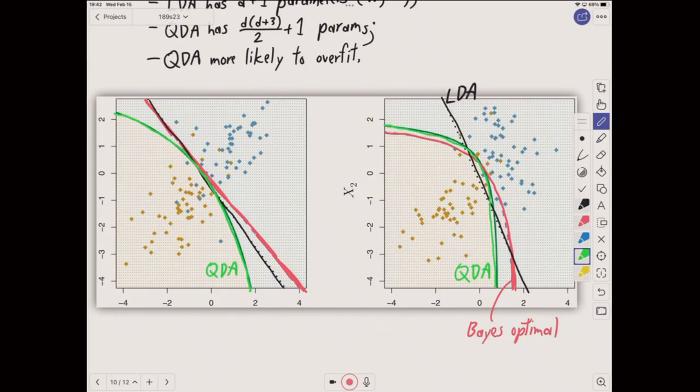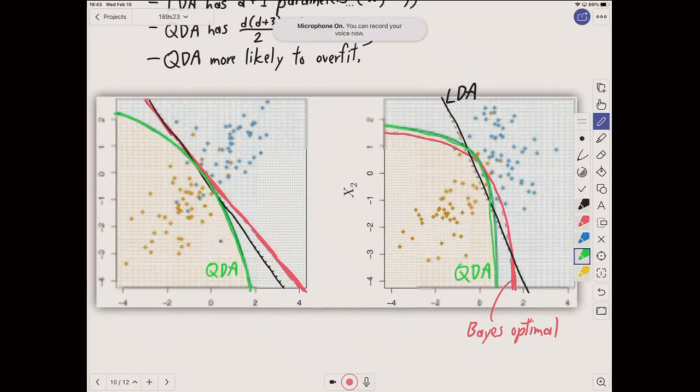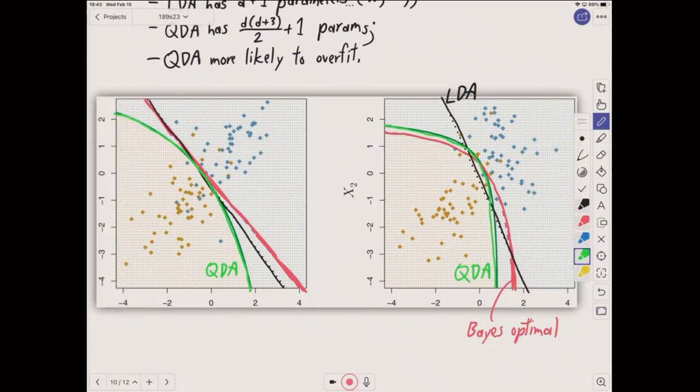Oh, Bayes optimal. What I would say is that if the points really are normally distributed, if the actual process that generates the points is so close to a normal distribution that you can count on it, then in the limit, as the number of points goes to infinity, the estimates of the mean and the covariance matrix for each class will get more and more accurate.